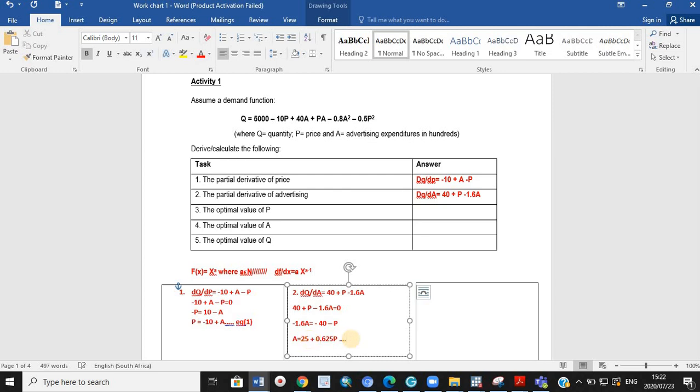Very good. So this is going to be our equation 2.